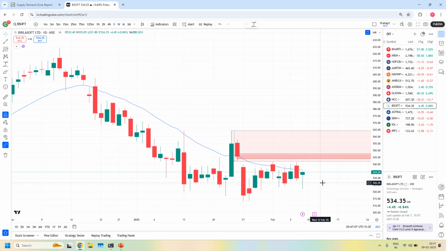Okay, this is about zone confluence and EMA confluence. Zone means LTF, ITF, HTF and HTF EMA confluence.